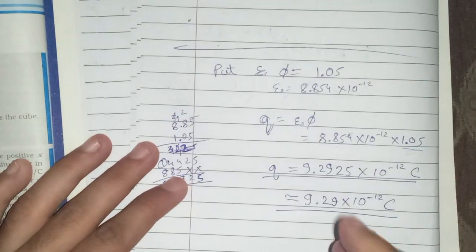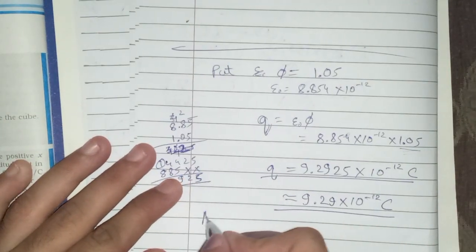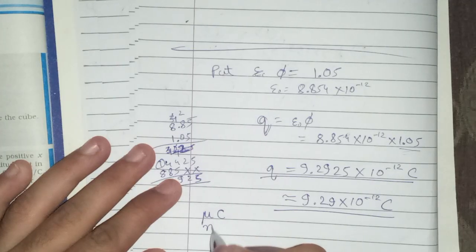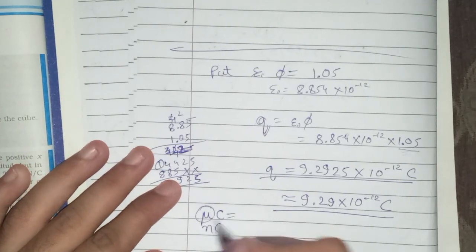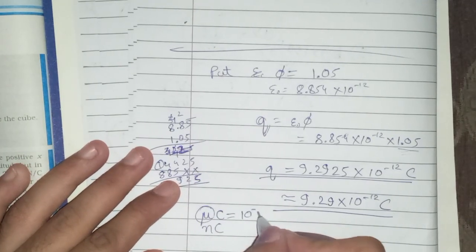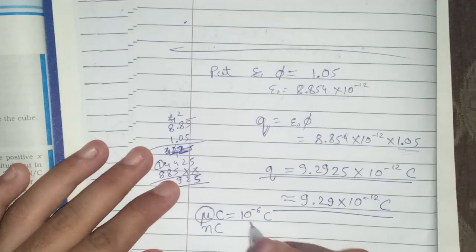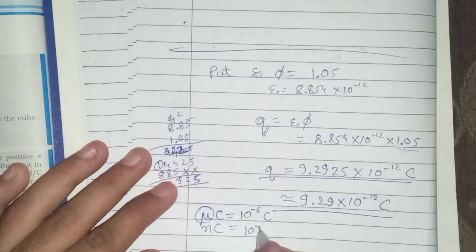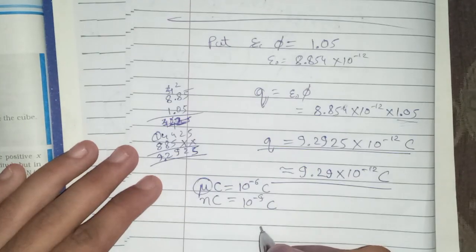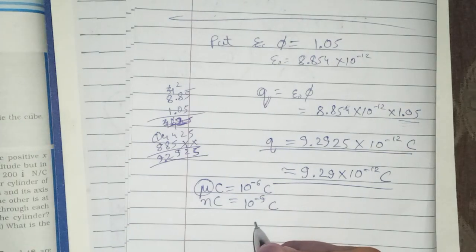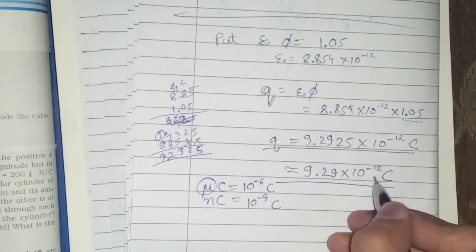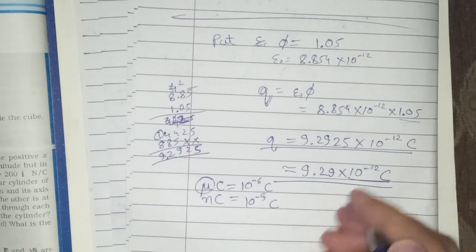And yes, I missed one concept of microcoulomb and nanocoulomb. Micro is a prefix equal to 10 to the power minus 6, and nano is 10 to the power minus 9, sorry. So we can write this in terms of nanocoulomb.